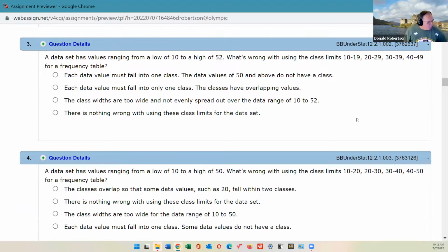Right, here we go. What is wrong with just using those intervals on data that starts at 10 and finishes at 52? Why can't I use these intervals? What's wrong?